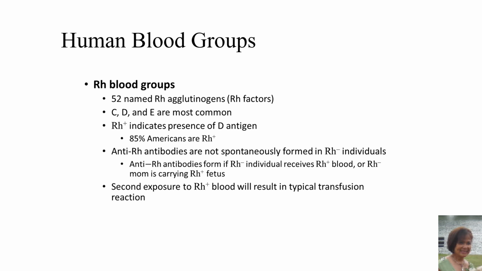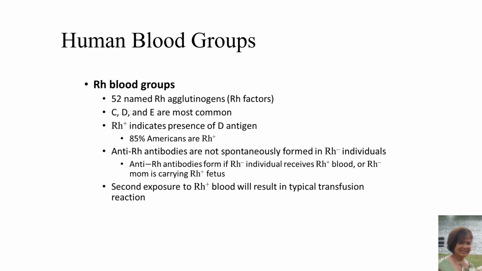Then you have the other group, the second group, which you call the RH blood group. The RH blood group has 52 named RH agglutinogens.